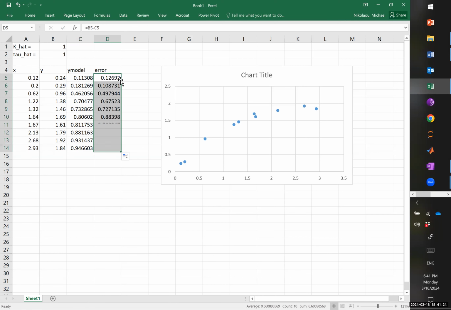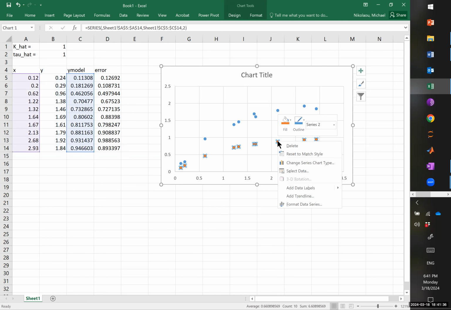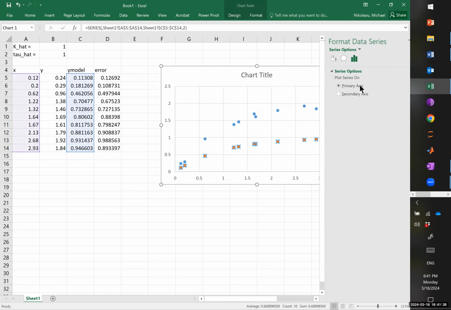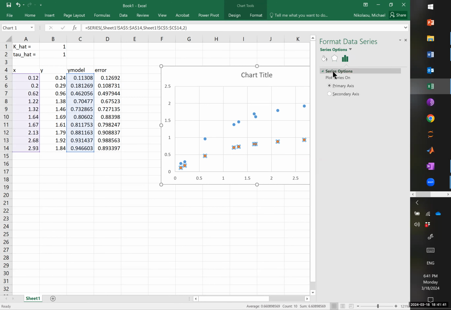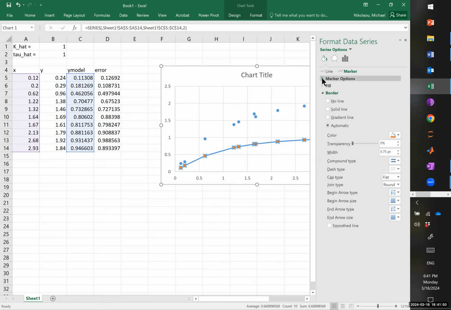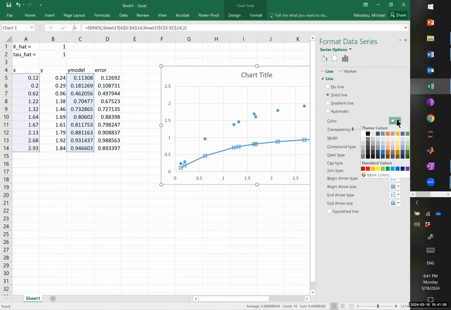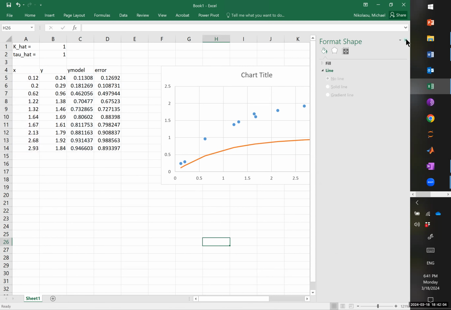So this is the error. Okay, so this is the model. I'll put a continuous line for the model, and the data with markers. So this is the line.